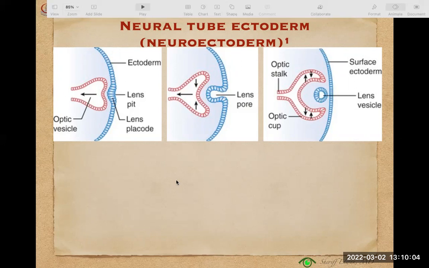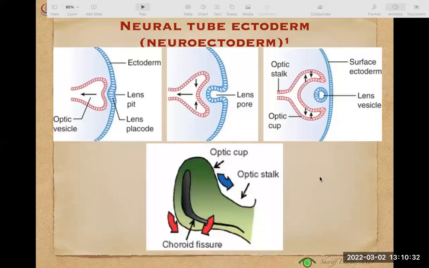This starting development is the optic vesicle, and then it becomes the optic cup with two layers. The outer layer forms the retina, and the inner layer forms the retinal pigment epithelium. The surface ectoderm then thickens in front of it to form the lens placode and then the lens pit, and it invaginates to separate to the inside of the eye, forming the lens vesicle.